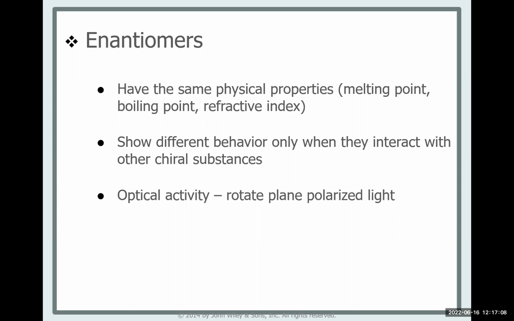So if you're wondering, do I have the S or the R enantiomer here? You can put it in an instrument that will shine polarized light, like what comes through your sunglasses, onto a chiral center, and it'll rotate one way or the other. Interesting.